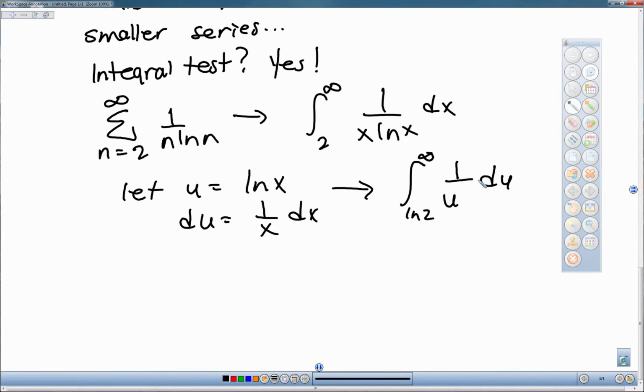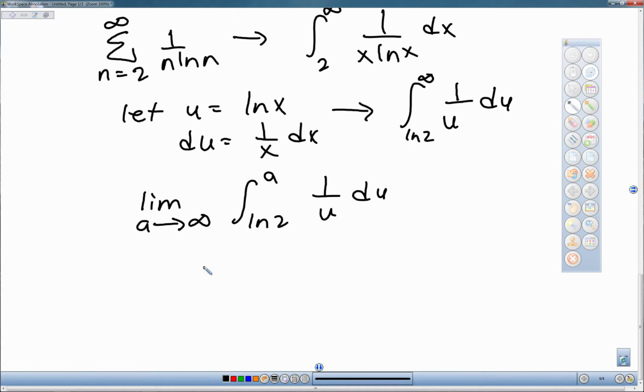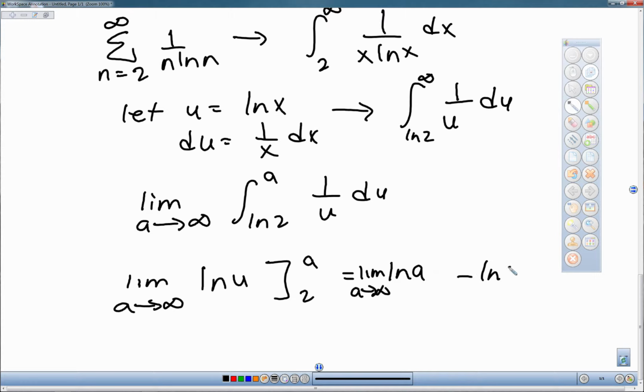And let's integrate that, and actually I'll do it the formalized way, as take the limit as a approaches infinity of the integral from natural log of 2 to a of 1 over u du. Then we can go ahead and integrate that, and we get the natural log of u evaluated from 2 to a, which is going to give us the natural log of a minus the natural log of 2.